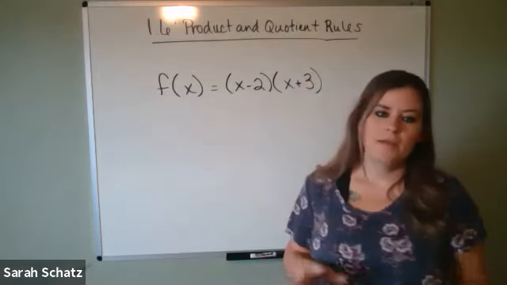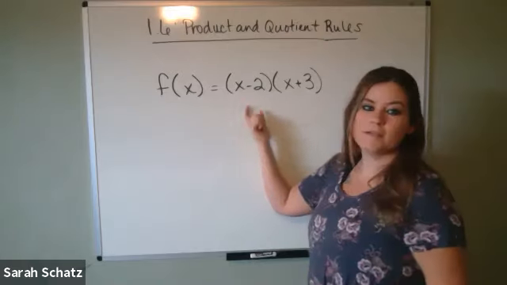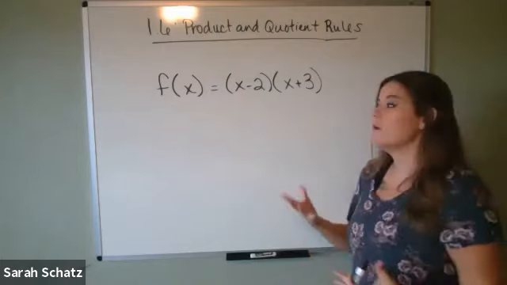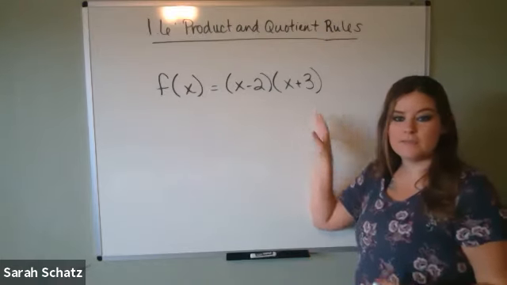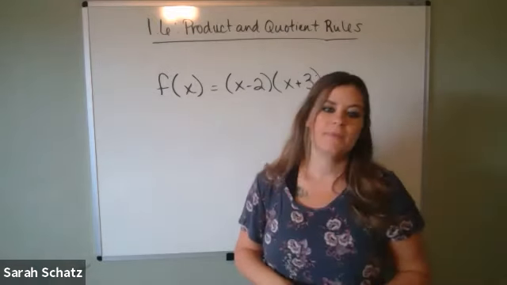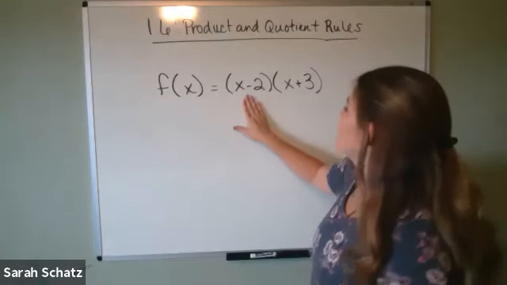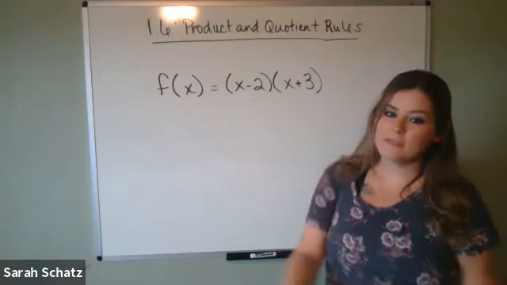Okay, so I've got the function f of x equals x minus 2 times x plus 3. Now, notice and recognize that this is the product of two terms, right? You could call these two different functions of x because they're each a term with x in them. Now, before we get started with this, I do realize, and you probably realize too, that I could just FOIL these out and then take the derivative.